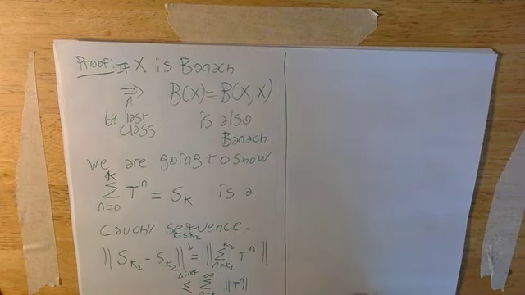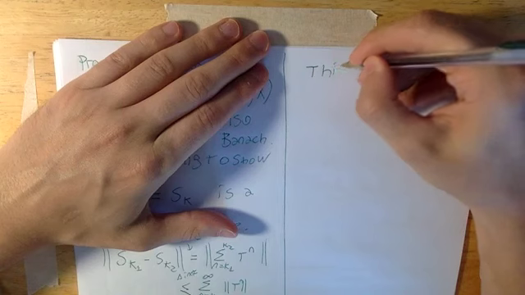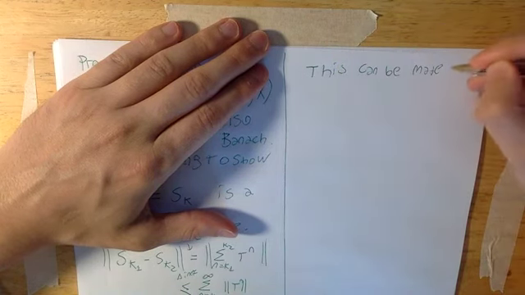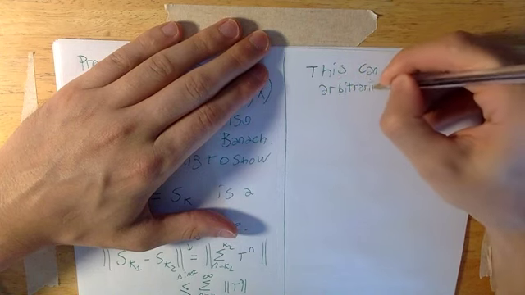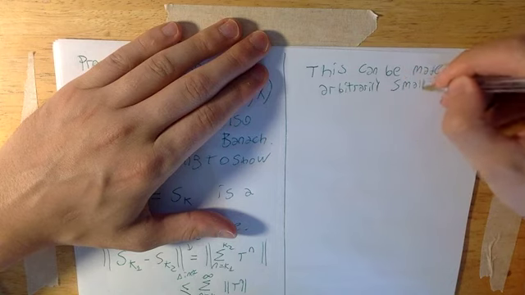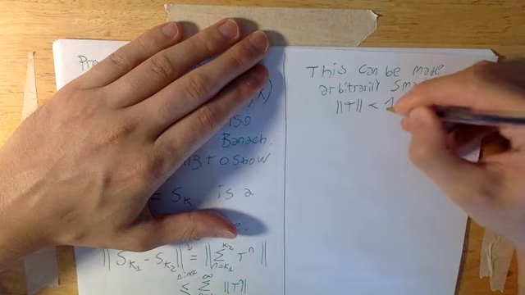Okay, but this can be made arbitrarily small, as the norm of t is strictly less than 1.